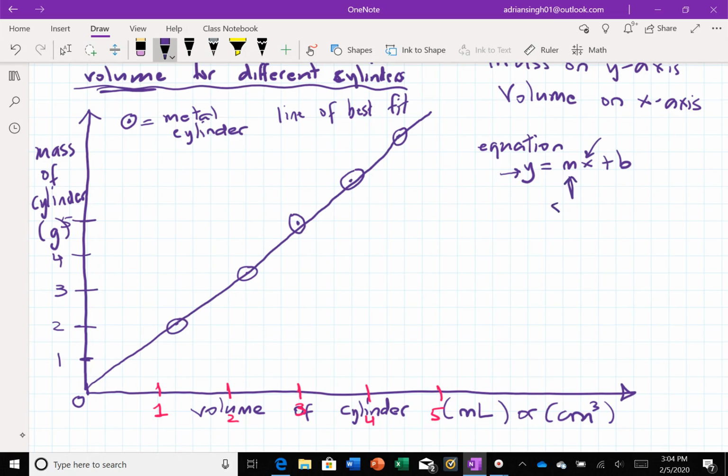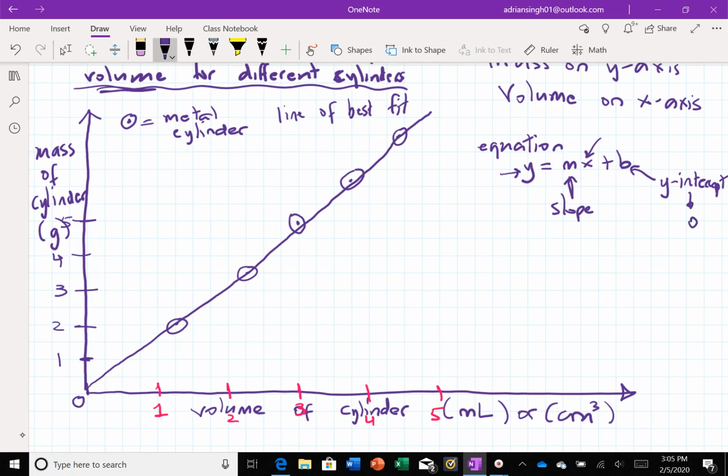M represents the slope. And then b is something known as the y-intercept, which is where your graph or the line here intercepts the y-axis, and this is going to be equal to 0.